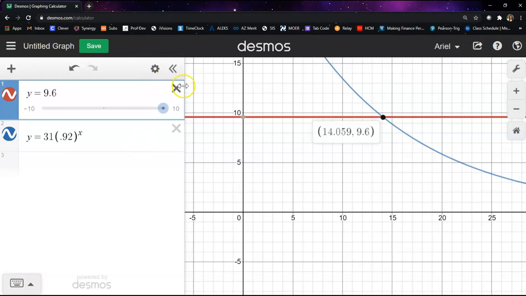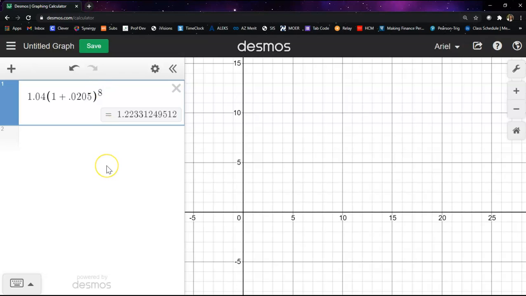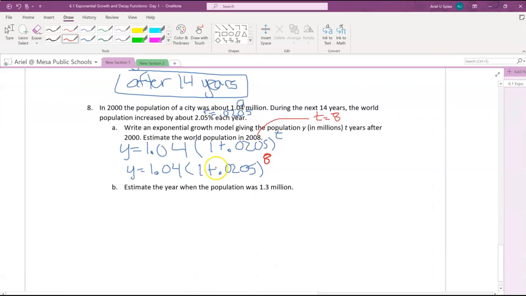So I go back to decimals. This one is population. So population went out 2 decimal places. So here I'm going to go out 2. It's 1.22 million.